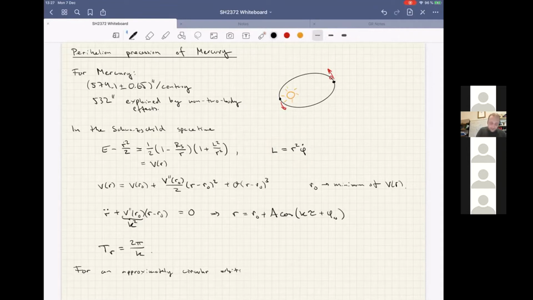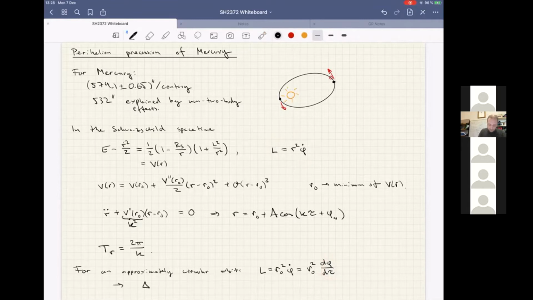So that means we would have L equals R0 squared phi dot, which is just R0 squared d phi d tau, right? And now everything apart from this d phi d tau is constant, so we can integrate this. So we obtain the following.